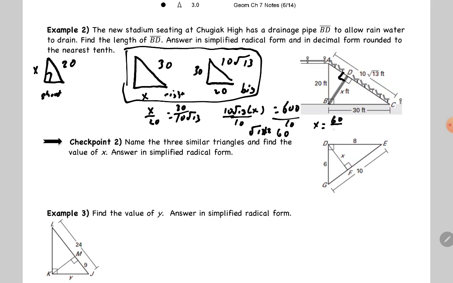So we have 60 over the square root of 13. We don't like having square roots in the bottom, so we're going to multiply top and bottom by square root of 13. I'll get 60 root 13 over 13, which, punching in your calculator, is 16.6 feet.